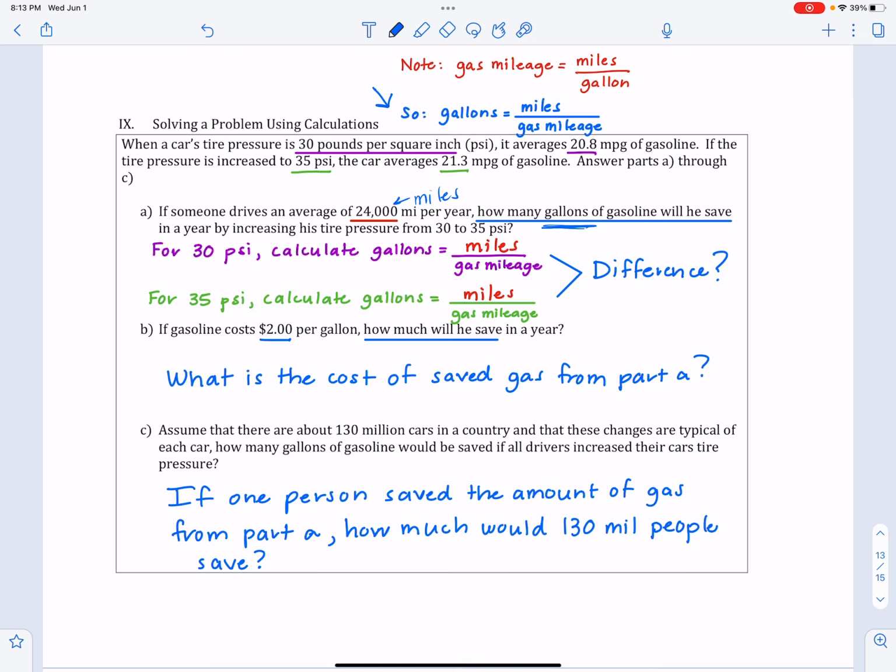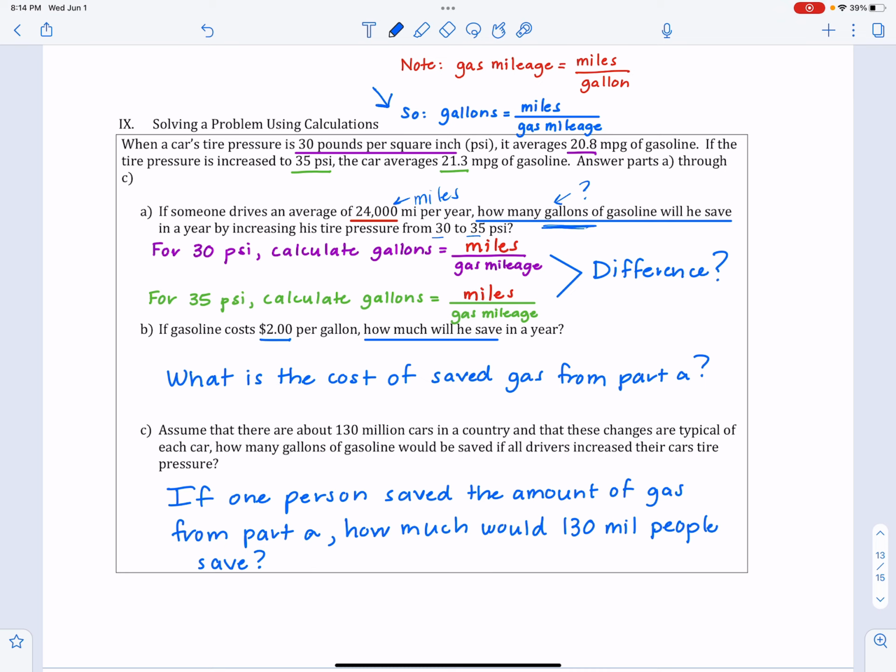When I go to plug this in, what we're looking for is the number of gallons, and for the tire pressure, we're given 2 tire pressures, from 30 to 35. So what I did first was I converted everything to gallons because that's what the question is asking me. And I did it for both 30 and 35 PSI because that's what we want to compare.